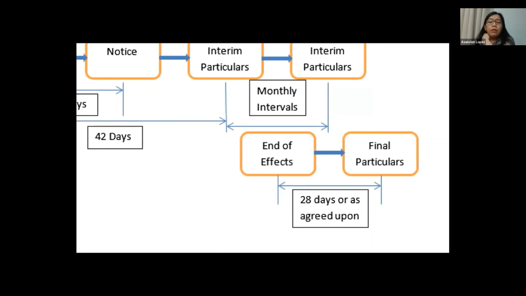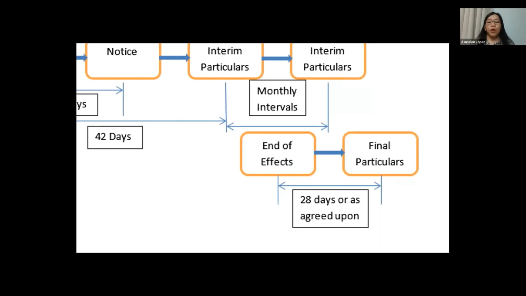Now, the 28 days, it says as agreed upon. So if you think this may need a big bulk of information and you would need more time to prepare, you have to write to the client and get approval that he agrees to an extension of the 28 days.